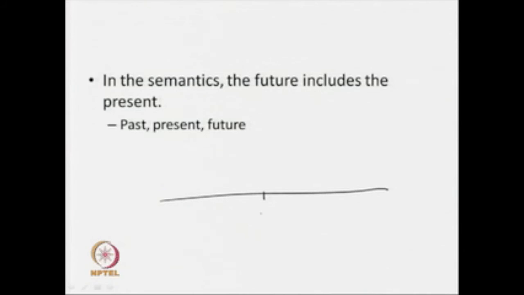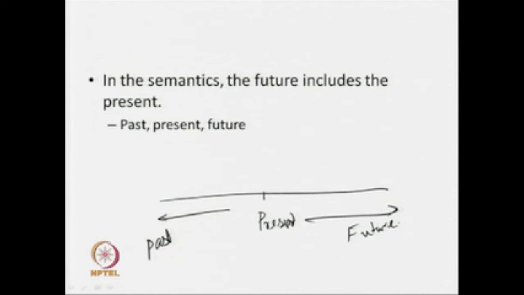But the way we define the semantics of CTL, it says that the future includes the present. That means, if you look at this timeline, if this is my present state, these are my past, and from the present I am going to the future.